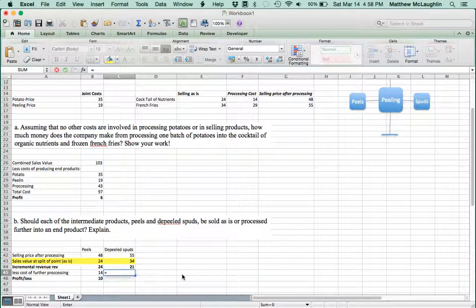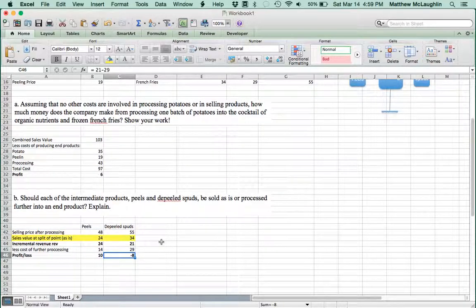Is it worth it? It's only going to be worth it if we can cover our processing costs. What are our processing costs? $29. And what do you know? 21 minus 29 is negative 8. So we're losing $8.